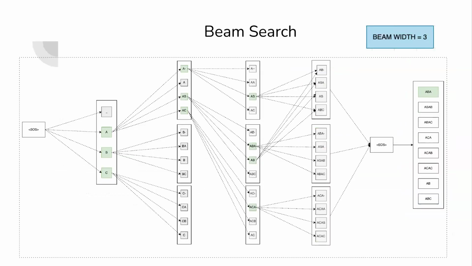So in summary, here is a visualization. If we are trying to decode the output of our decoder, we would always start with the start of sentence token, which is given as the input for us to start predicting the next sequence. Here, using a beam width of 3, we can say this sequence, A, B, and C, have the top 3 probabilities.